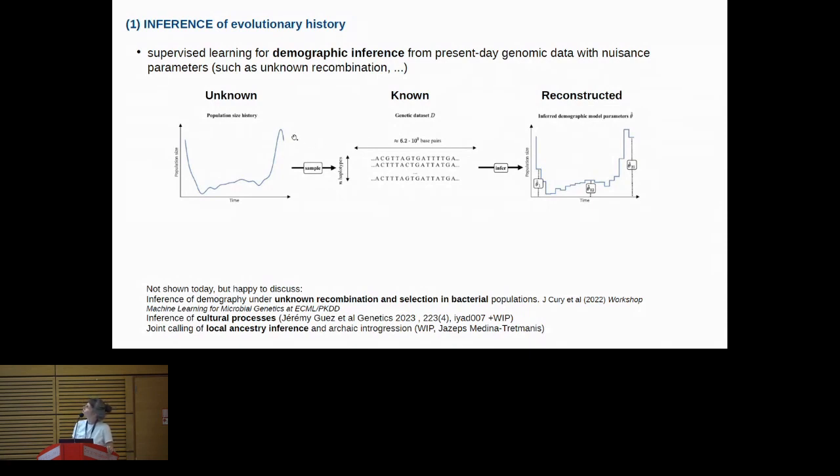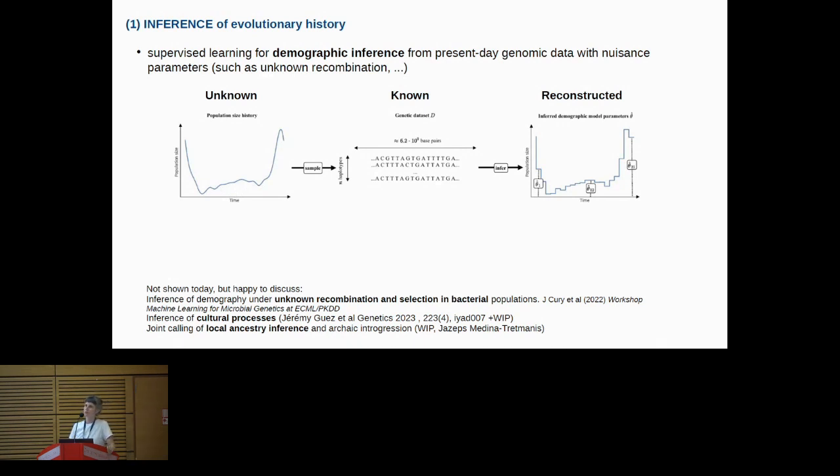So if you look here on the left, it will be a case where a single population had a very high effective population size in the past, and then this declined drastically, then the population size was more or less stable and then expanded again in the very recent past.